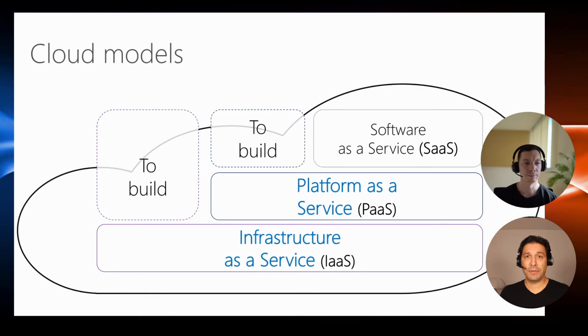Below, we have the infrastructure as a service, the IaaS. That is basically just a super layer of virtualization where you will manage virtual machines, networks, storage, identities, and so on. And you will have more things to build on top of that because it's just on the layers that are below. You will have more work to do.